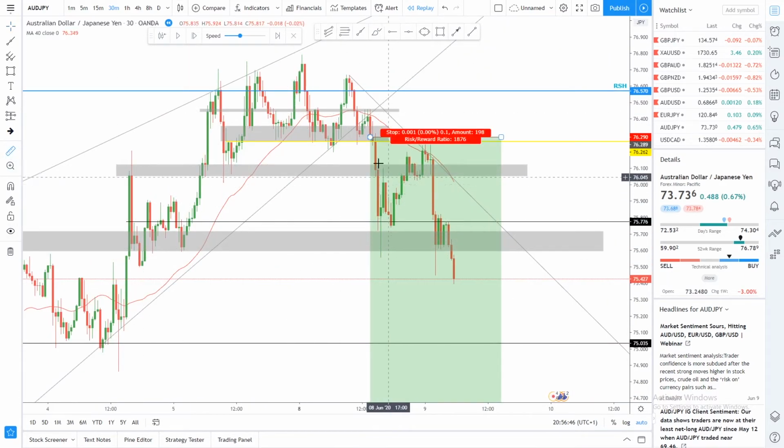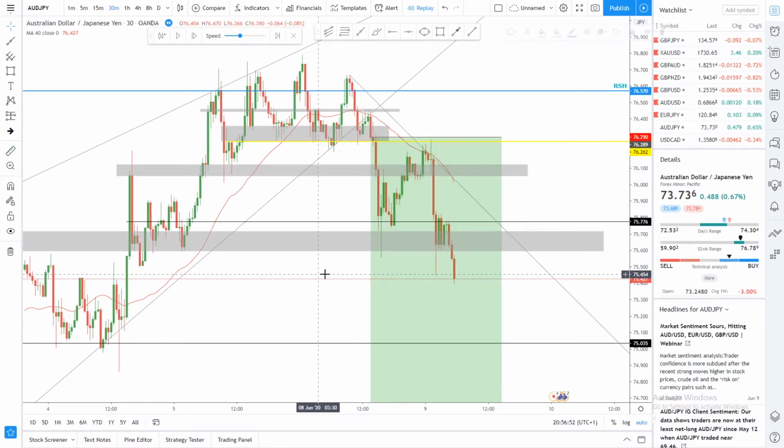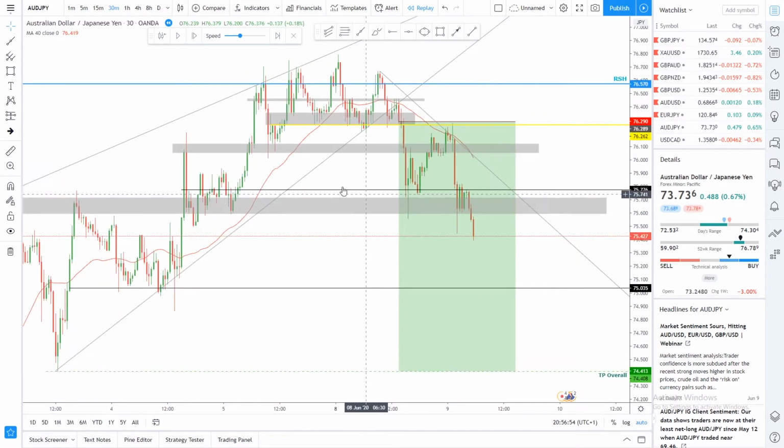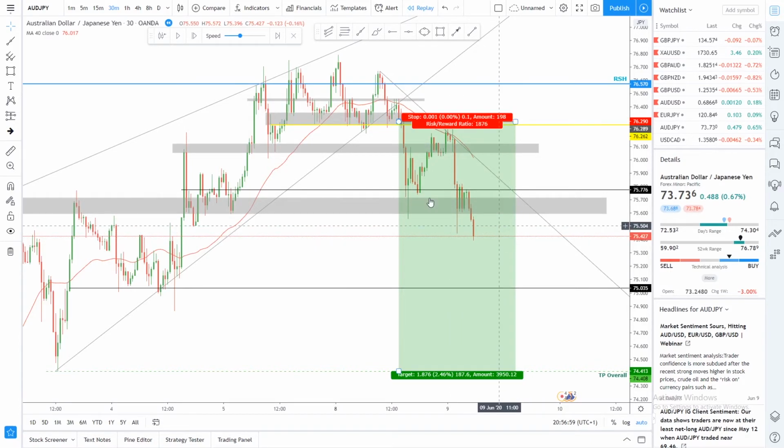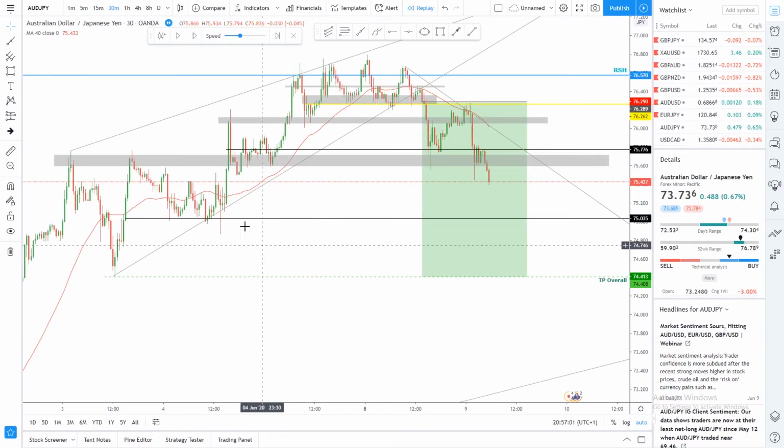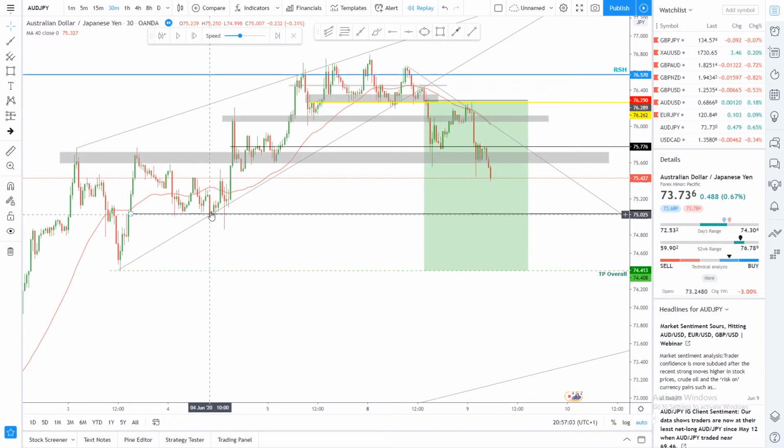Now this break actually ended up getting us towards the 80 pip range, which is quite close to the 100. In fact, it was close to 90, so just 10 pips away from 100 pips. And we also have quite a big area to go into to hit the next support level.